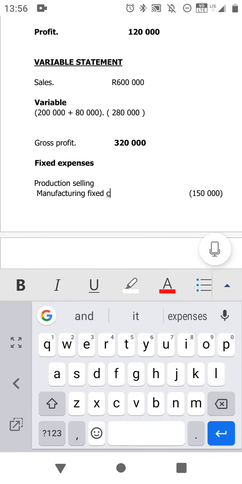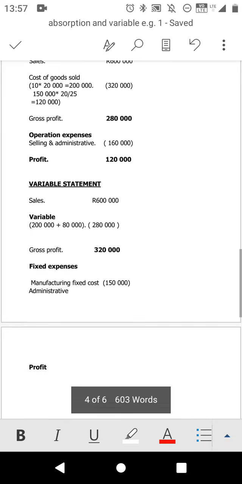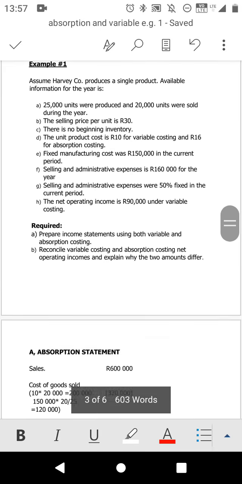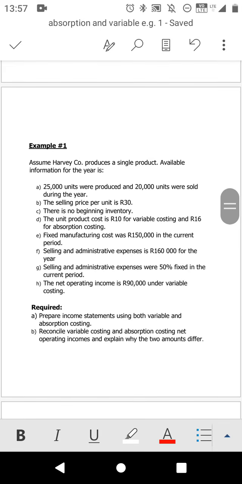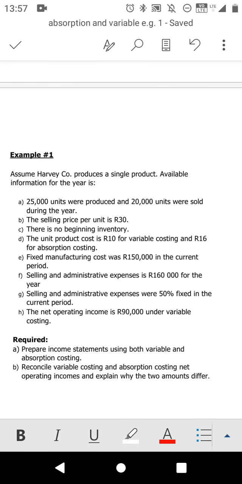Okay, let me bring it back. Then remember, under this method we only included the variable non-manufacturing cost, which was taken under 160,000.